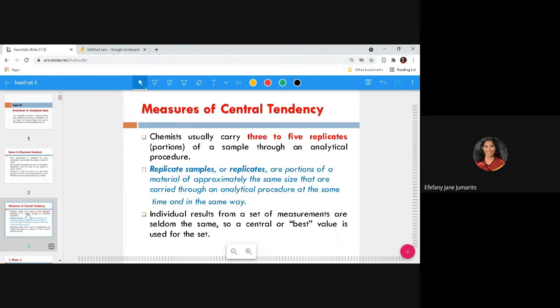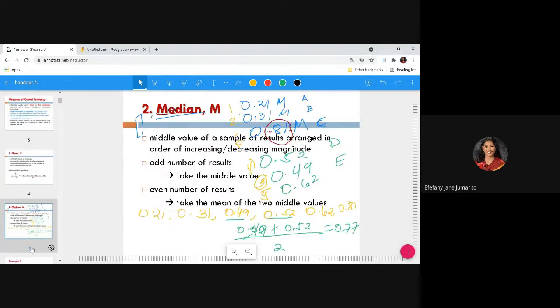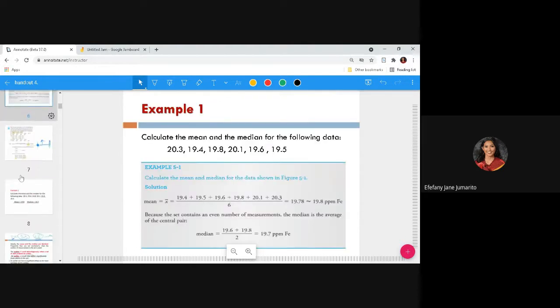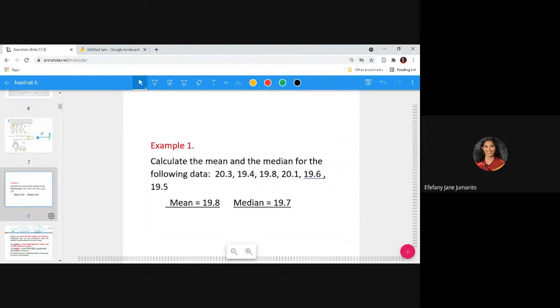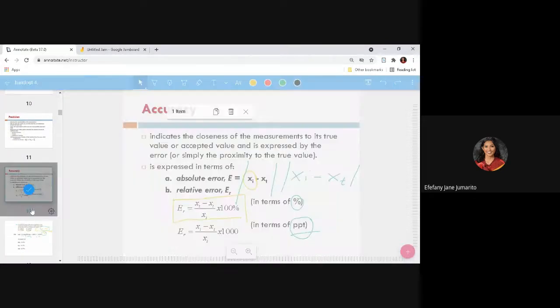I've already discussed that one. Maybe I will also ask you what is replicate. Okay. Question. Absolute value, standard deviation of the mean. I will ask you. Relative error. Okay.